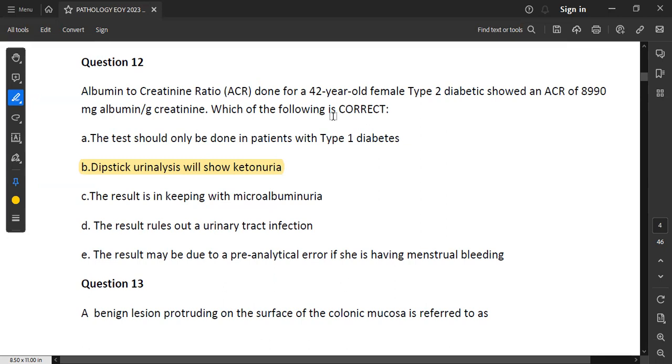In microalbuminuria, we have other causes that are not poor kidney function, like acute hyperglycemia, urinary tract infections, marked hypertension, congestive heart failure, and menses. Menses will show a false positive, but the others, yeah.